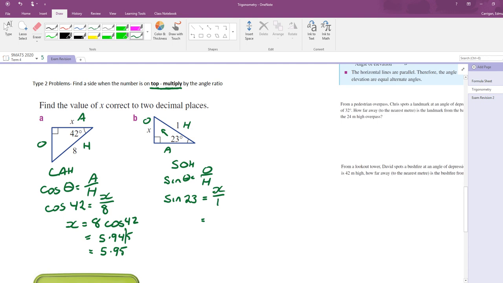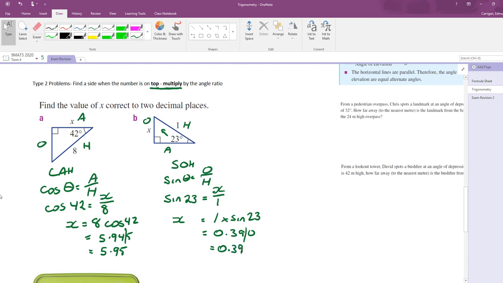So that is simply giving me x equals 1 times sine 23. Sine 23 equals 0.390. I've got to find it correct to 2 decimal places. The 0, I'm just going to leave it as it is, 0.39.